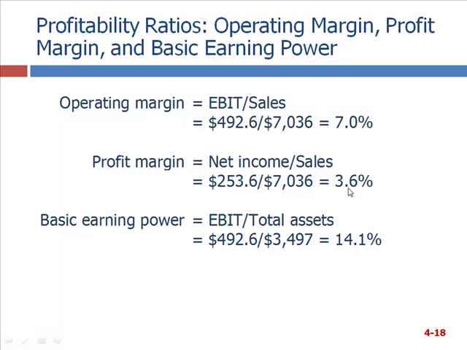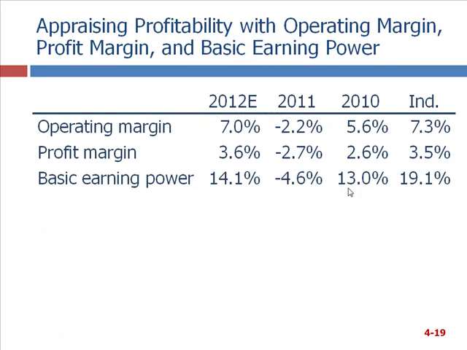We would like to have this be higher if at all possible. So what do we have? For DeLeon on those two ratios, it was a couple of years ago lower, 5.6%, 2.6% for operating and net profit margin respectively. Then in the next year it was actually negative. Why is it negative?